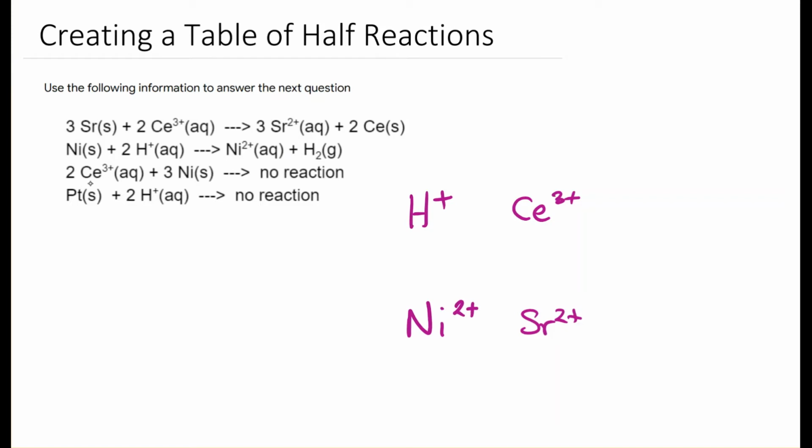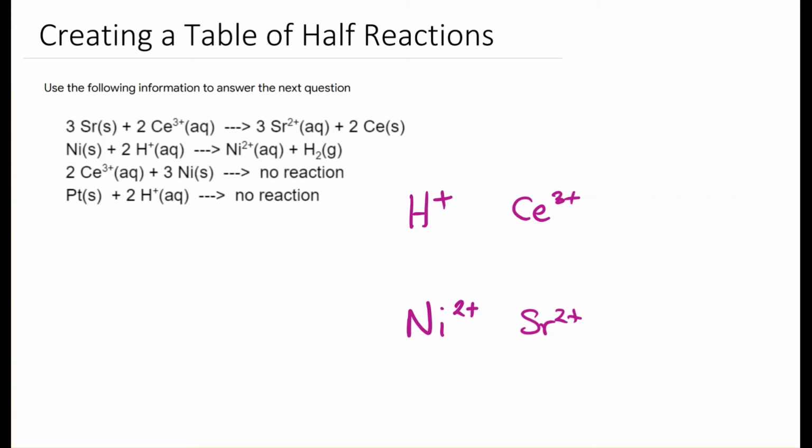Now, here we go. Cerium 3+ and nickel. Who should be higher? Cerium 3+ wants to steal nickel's electrons, but it's unsuccessful. There's no reaction. Cerium 3+ is not a strong enough oxidizing agent. So put nickel higher.